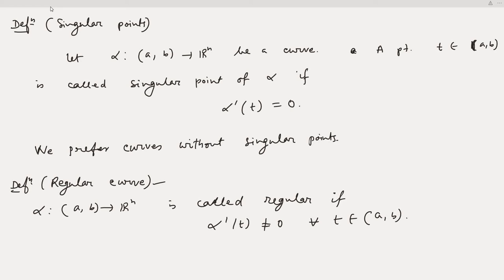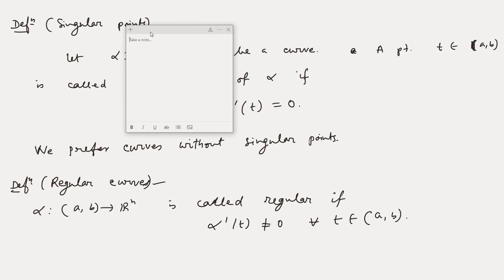Now we study arc length. So let us consider the curve. This is the open interval (a, b) and this is the curve. Let us consider some interior point here, t naught, so here it is alpha of t naught.